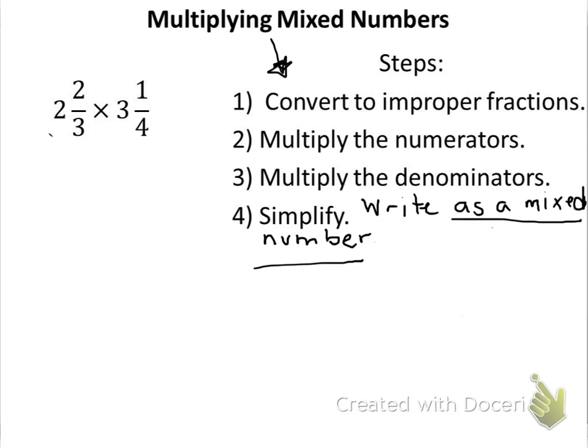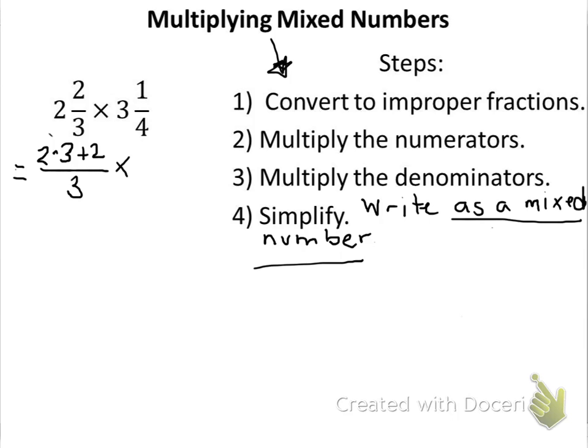Our first step is to convert our numbers into improper fractions. So, let's start with 2 2/3. If I'm going to write that as an improper fraction, I take the whole number, the 2, times our denominator, and then add our numerator, and keep our denominator the same.